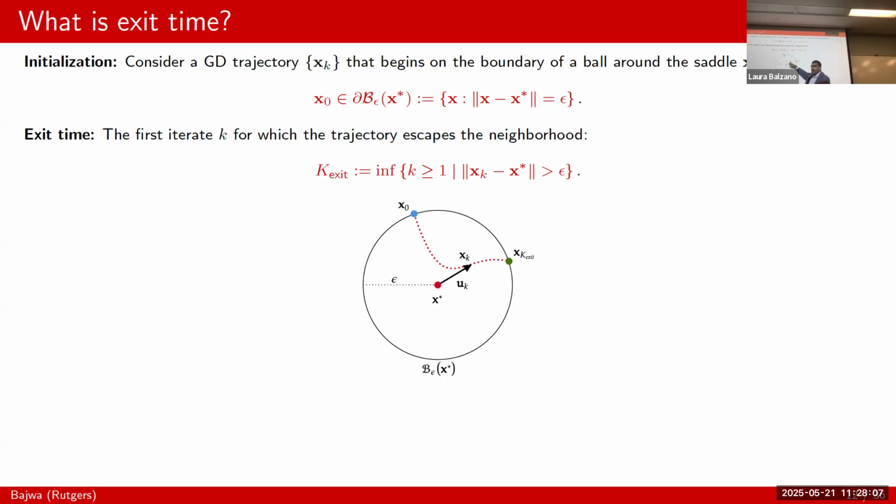We know that we would leave under some conditions, but we don't fully understand them. So we define the exit time, which is the minimum K such that, once you enter this ball, the radius becomes greater than epsilon again. That is the definition of what we call exit time, okay?